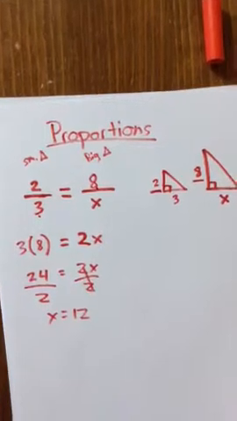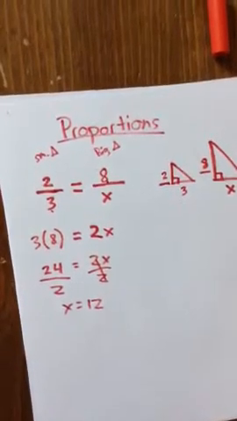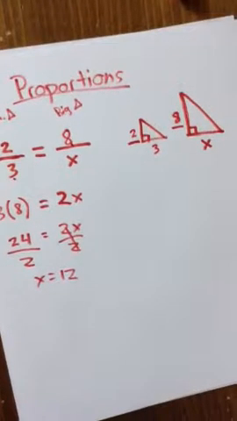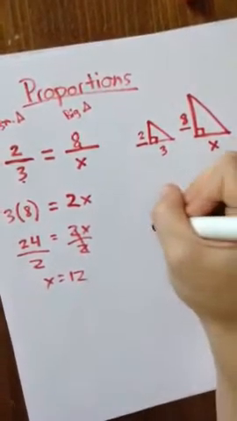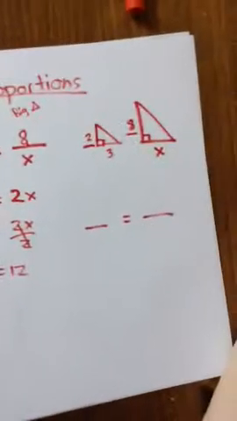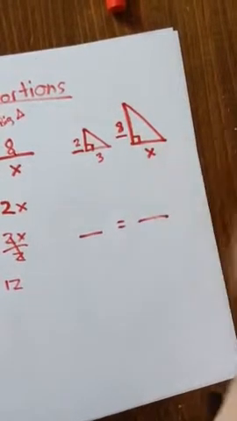Other ways that you can use proportions is to solve for, if there's a shadow, and they use the things where they tell you a person is 6 feet tall. Well, here, let's just do one. So if I were to say a person is 6 feet tall and he has a shadow that is 8 feet long.